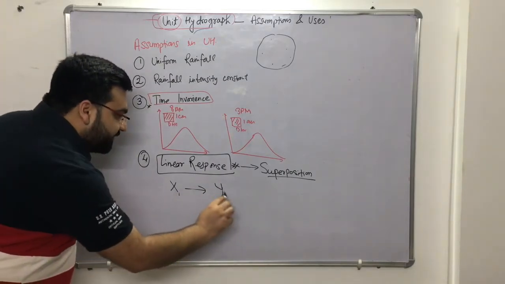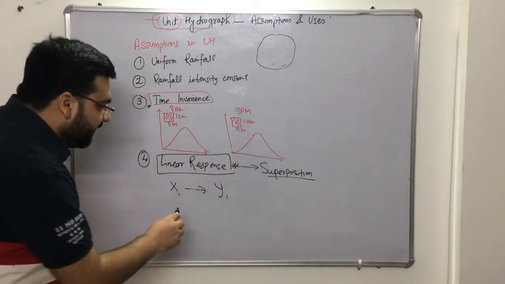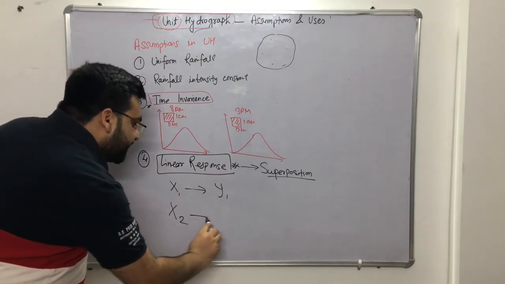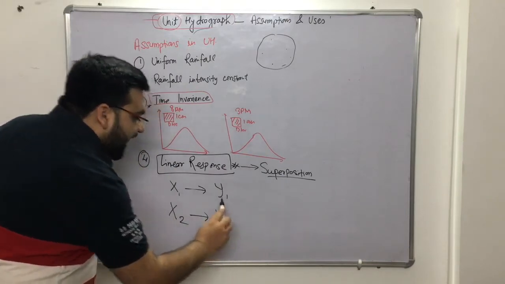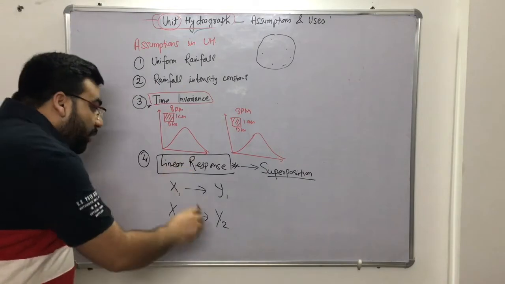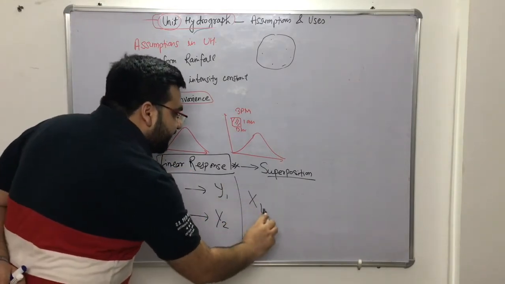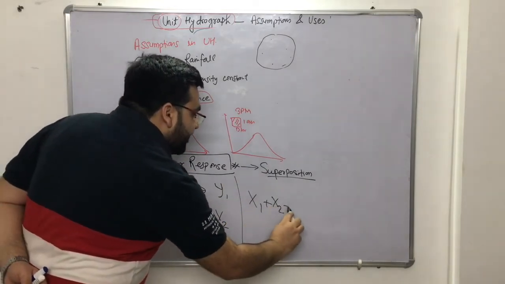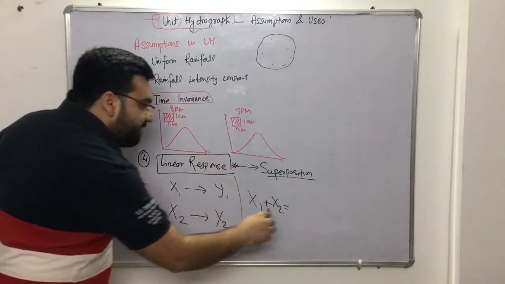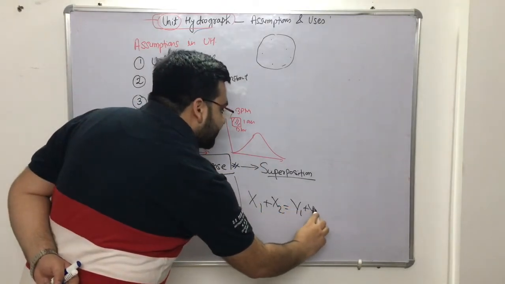X1 gives you Y1 amount of direct runoff hydrograph, and X2 gives you Y2 amount of direct runoff hydrograph, right? So if you add these two, X1 plus X2, then you will get a direct runoff hydrograph of Y1 plus Y2.